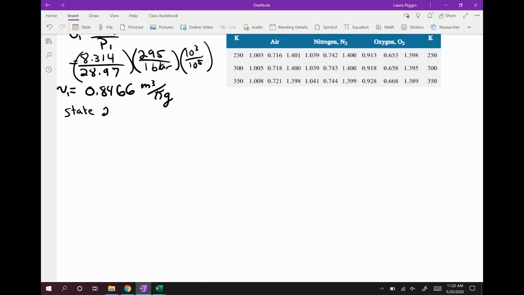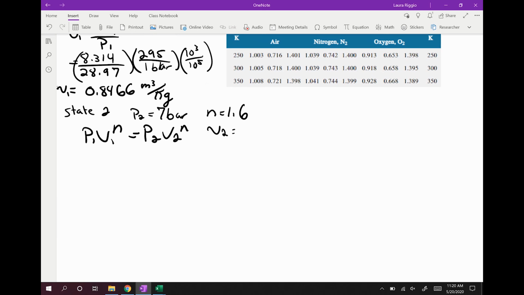And at state 2, we have P2 is equal to 7 bar, n is equal to 1.6. So P1 V1 to the n is equal to P2 V2 to the n.